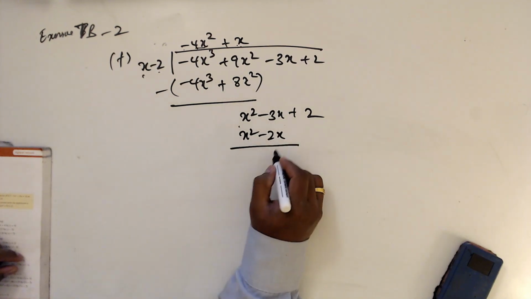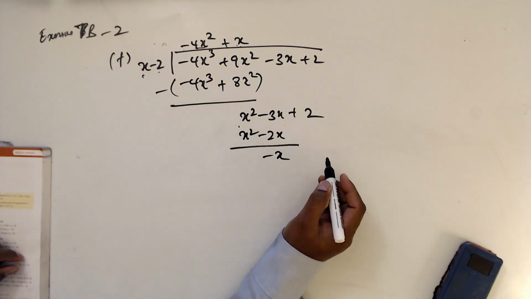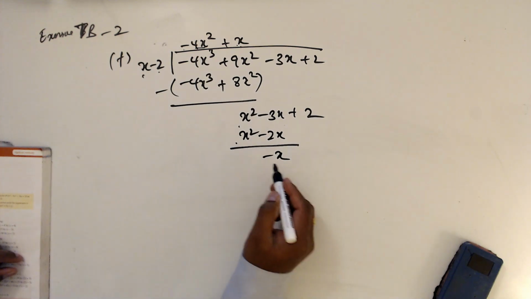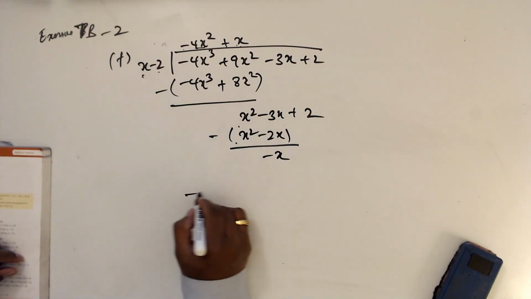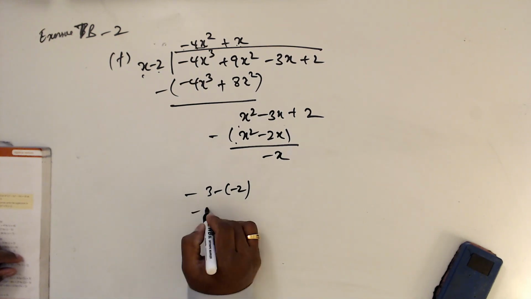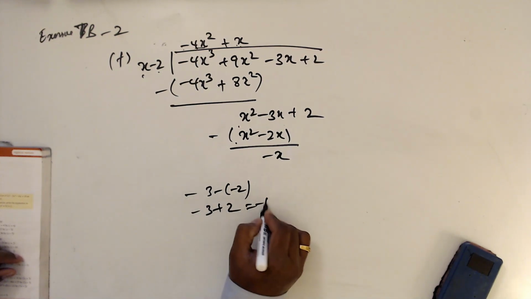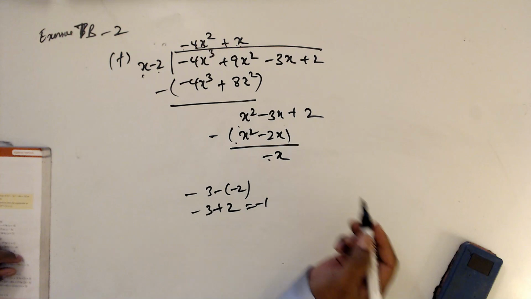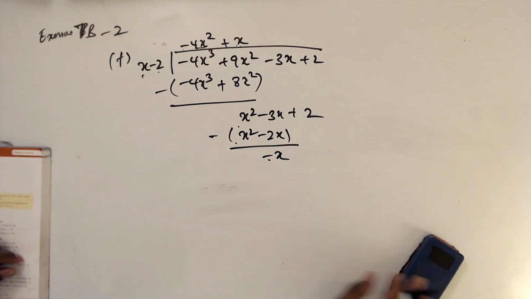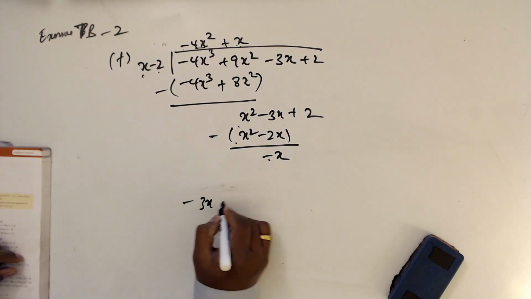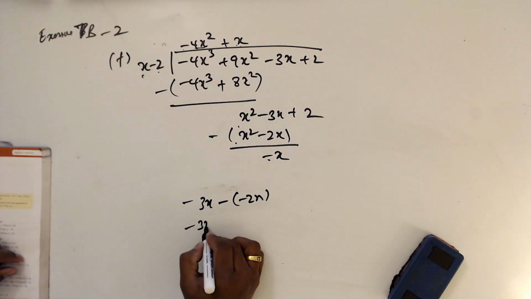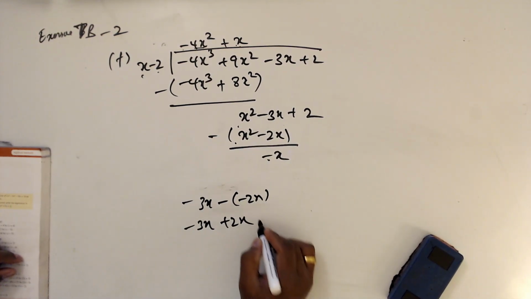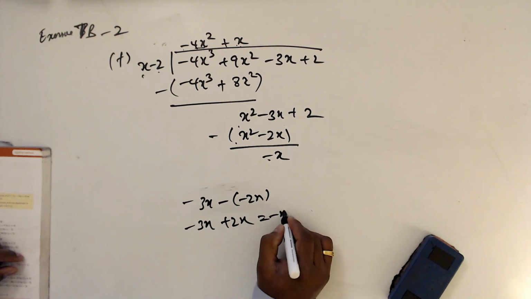So answer is going to be minus x. 1 minus 1, 0. Minus 3 minus minus 2, minus 3 plus 2 is minus 1. That's why minus x. Minus 3x minus minus 2x, that's, you can see, minus 3x plus 2x, which is minus x.